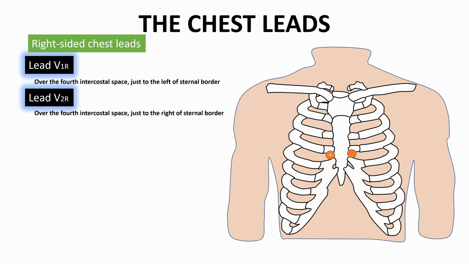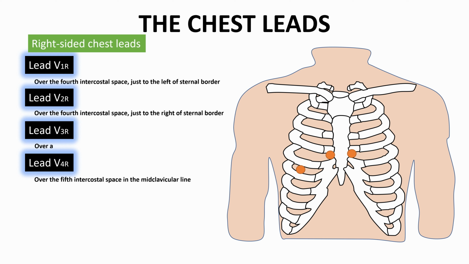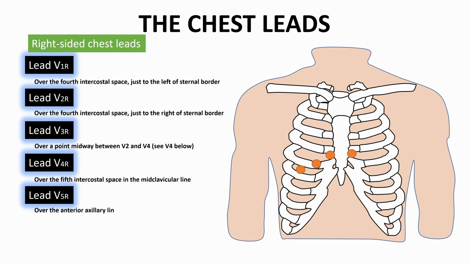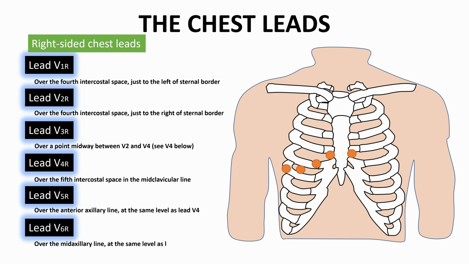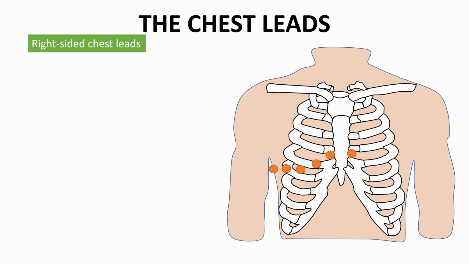Lead V4R is placed over the fifth intercostal space in the mid-clavicular line. Lead V3R is placed over a point midway between V2 and V4. Lead V5R is placed over the anterior axillary line at the same level as lead V4 on the right side. Lead V6R is placed over the mid-axillary line at the same level as leads V4 and V5 on the right side.